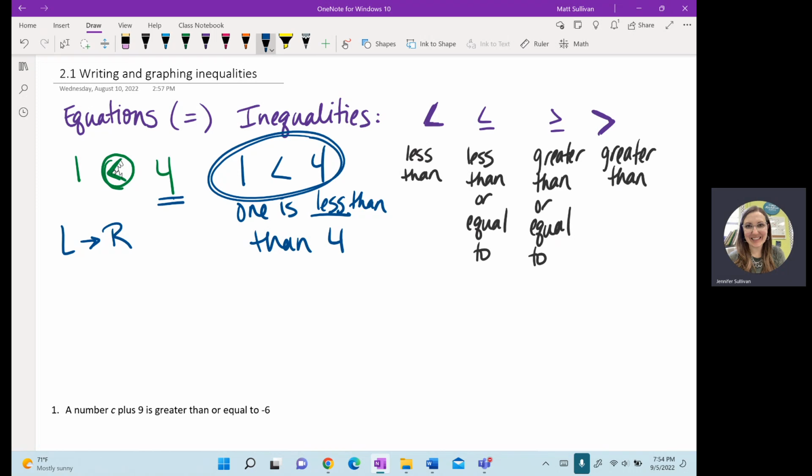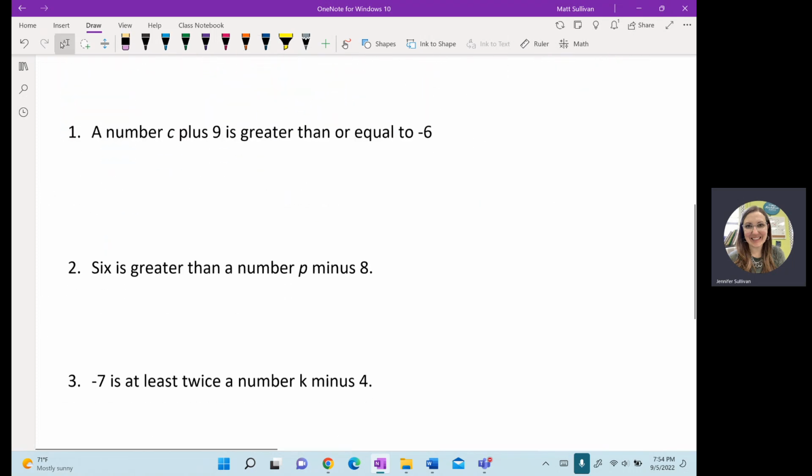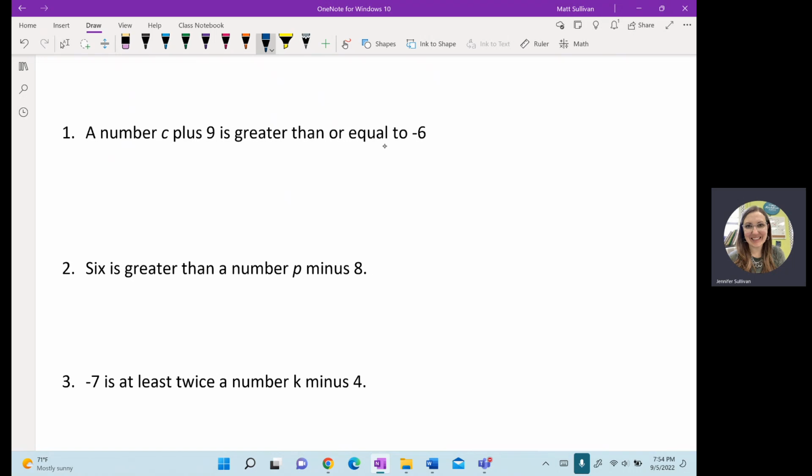Now, to make this a little more like Algebra 1 level and not so much kindergarten level of just filling in the symbol, we are going to start by talking about how we take a sentence written in words and change it into a mathematical sentence that has numbers and symbols in it.